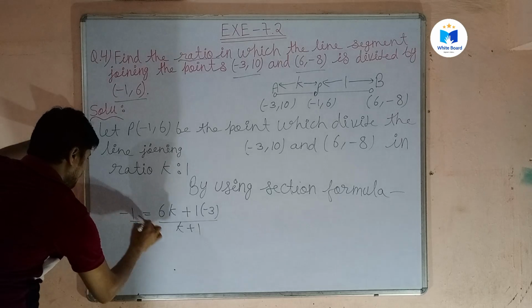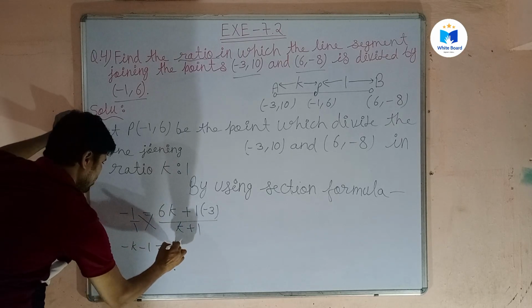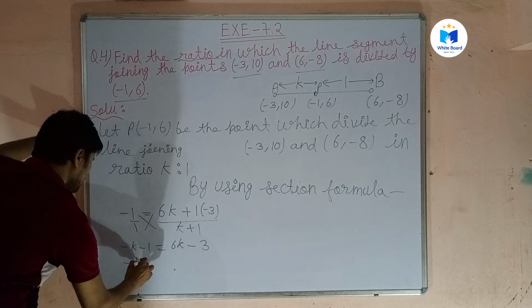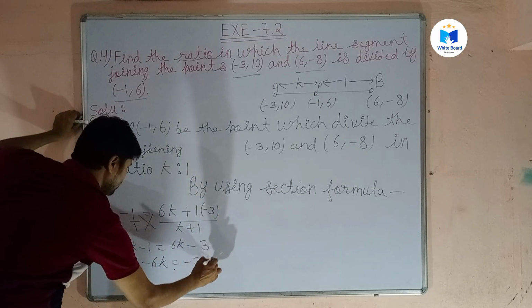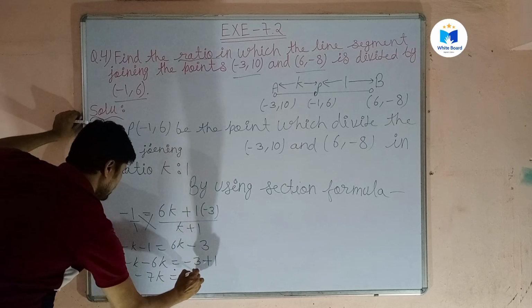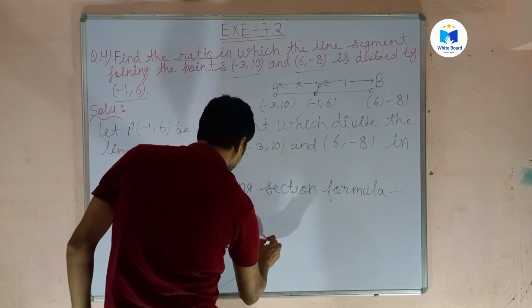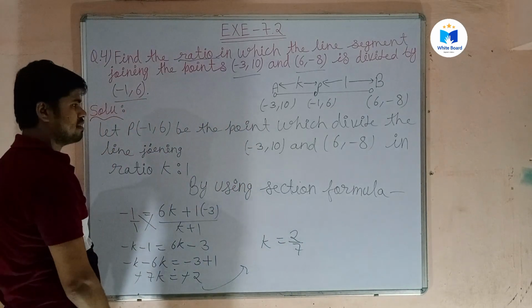Now by cross multiplying we get -K - 1 = 6K - 3, so -K - 6K = -3 + 1, -7K = -2, the minus cancels out. Here we find K = 2/7.